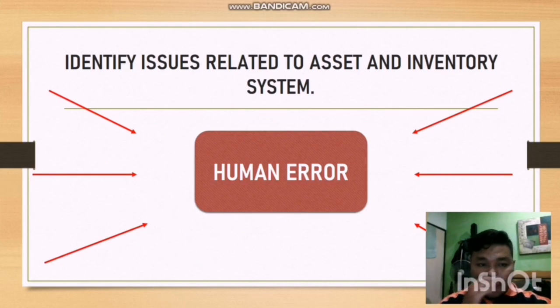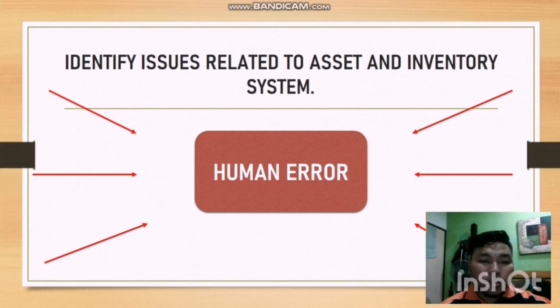For this slide, we will talk about the identified issue related to the asset and inventory system. As you can see, I give the main point, that is human error.